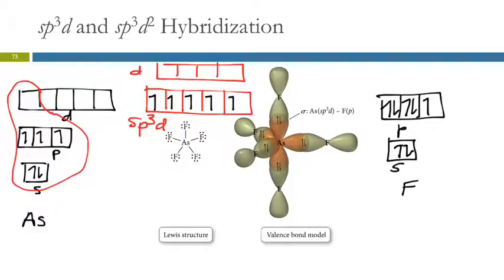So it's going to take one of the d orbitals and all 3 of the p's and 1 of the s's, and it's going to mash them together and spit out 5 equivalent energy orbitals. So these were different energies, but it's going to combine them, and now these are all going to be the same in energy.